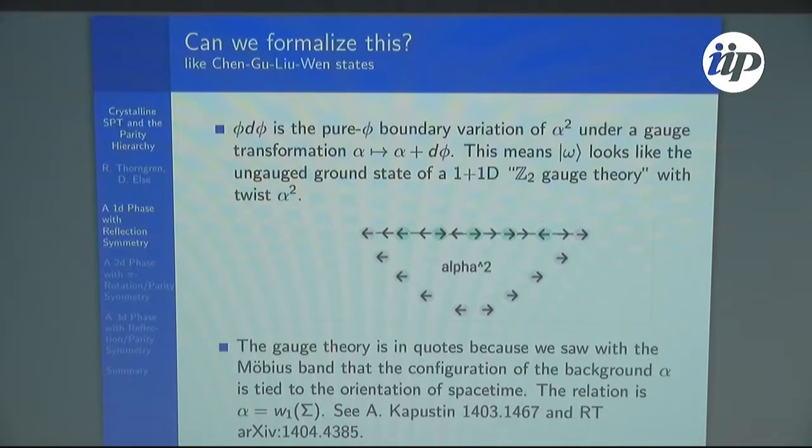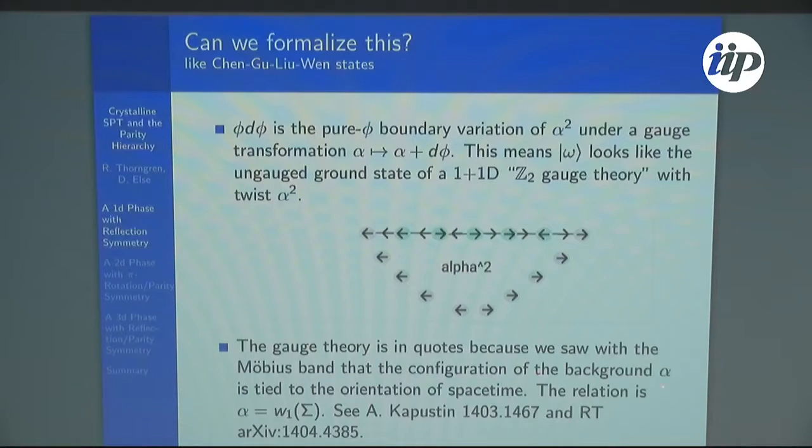The Mobius band was an example where in the time direction you have inserted a symmetry operator. So you can kind of see from that inserting a symmetry operator around a loop in space-time means coupling to a background gauge field that has some non-trivial Aharonov-Bohm phase around that loop. And because it's an orientation reversing symmetry, that's tied to the orientation of space-time.